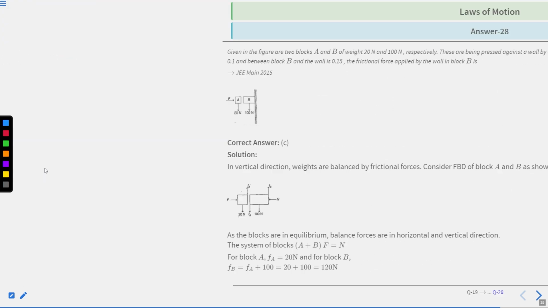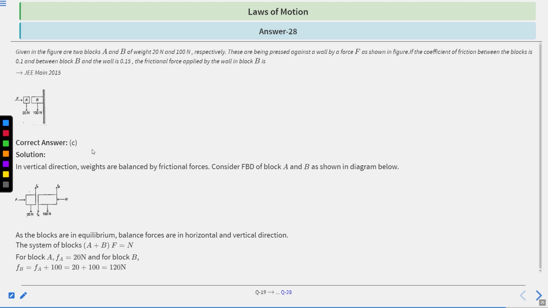Let's find the solution. This is the diagram. In the vertical direction, weights are balanced by frictional forces. Consider the FBD of blocks A and B as shown in the figure.